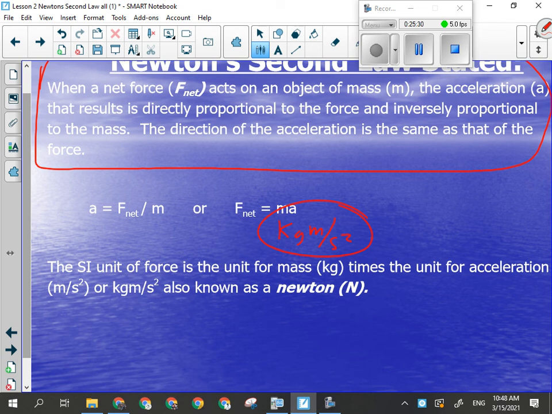Newtons, capital N, will be fine. Is 1 newton very much force? It's not. 1 newton is a very negligible amount of force. You probably wouldn't even notice it. If you were outside over the weekend, the wind would have been exerting much more than that on you if you were walking around outside.